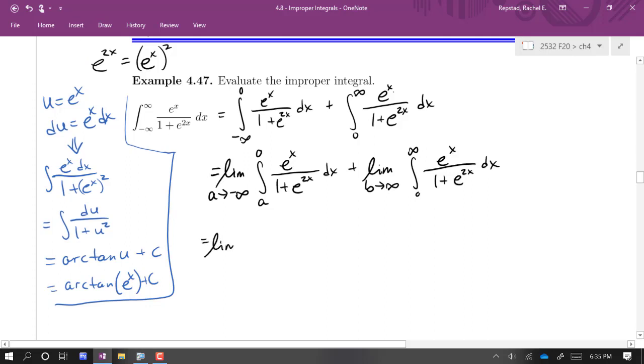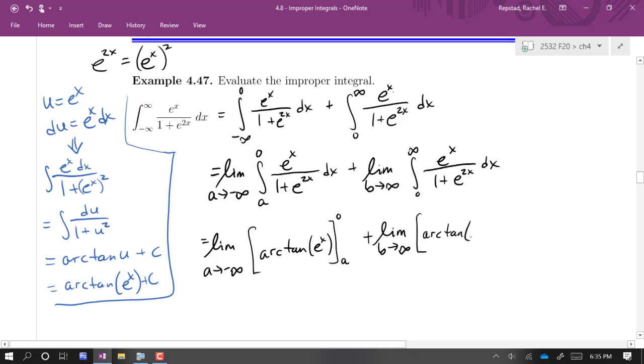So that's what we're going to use now here. This is the limit as a approaches negative infinity of arctan of e to the x from a to 0, plus the limit as b approaches infinity of arctan e to the x from 0 to b.